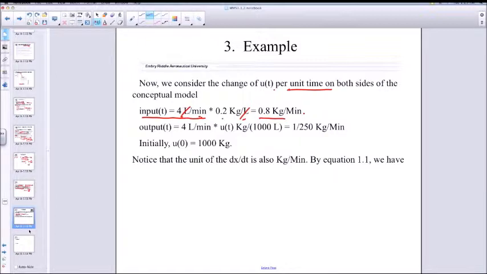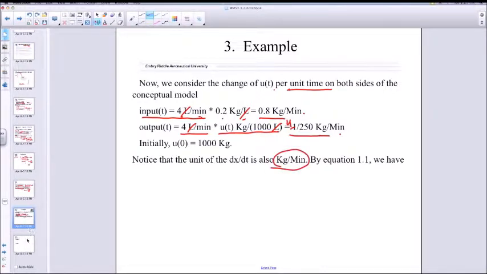The flow out, I don't know. It equals the rate times the concentration. That will be x(t) divided by 250 kilos per minute. You cancel out the unit here. So, of course, you are considering the same unit, kilogram per minute.